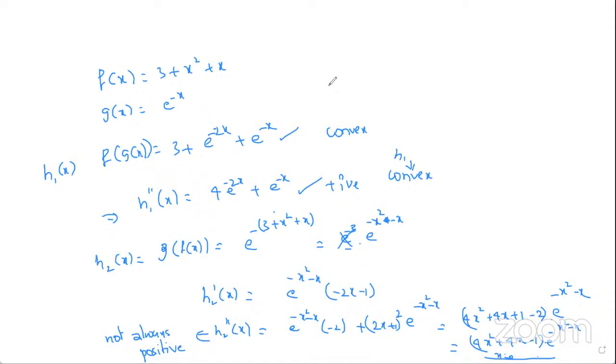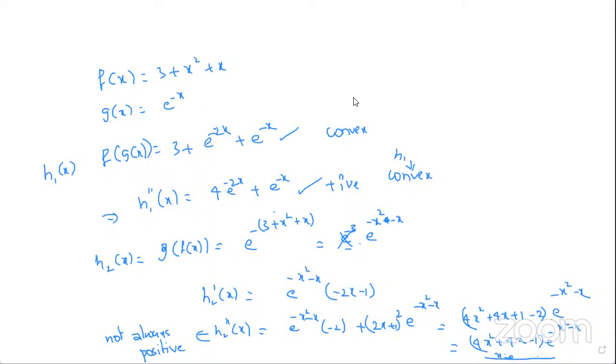A function will be concave when minus of the function is convex. Suppose let's say this h2 of x, I can say it is concave when minus h2 of x is convex. So in this particular case, if you do the minus of it, it is going to be equal to 1 minus 4x square minus 4x, and that's not convex.